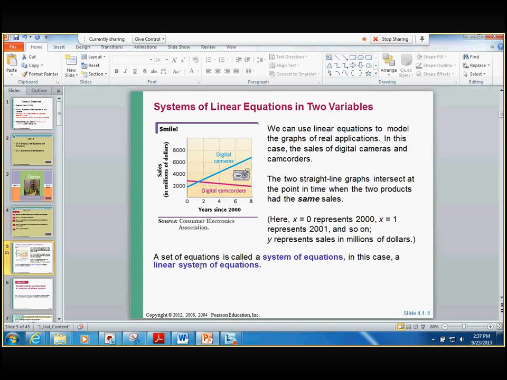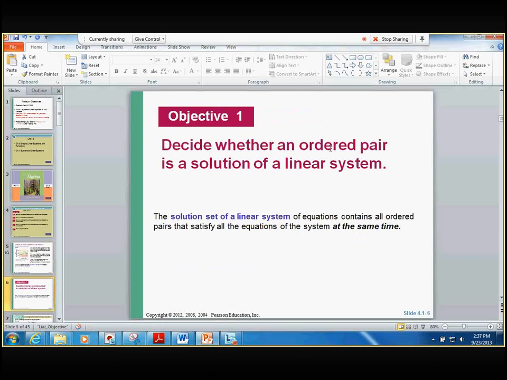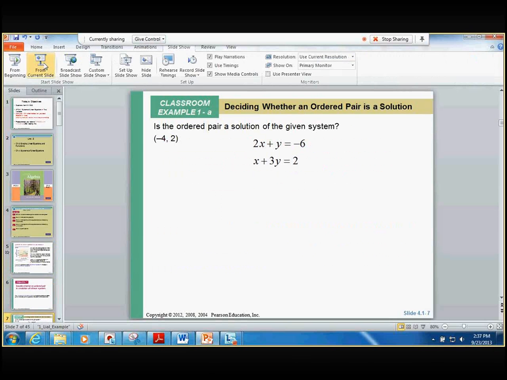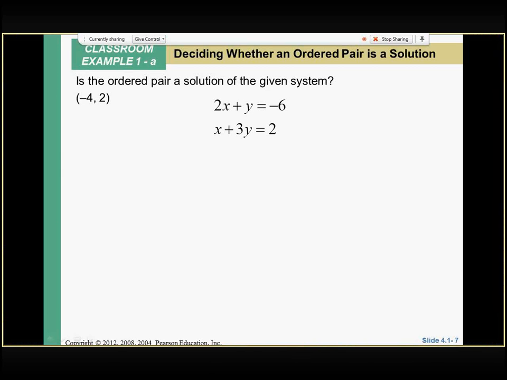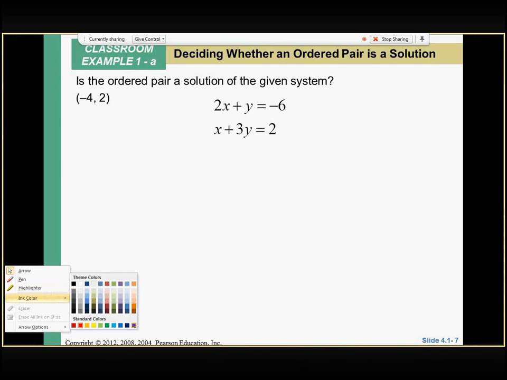Now, in the first objective, they're going to give us a point or an ordered pair, and they want to know, is it a solution of the system? Let's look at the first example. It wants to know if this ordered pair or point is a solution to this system.